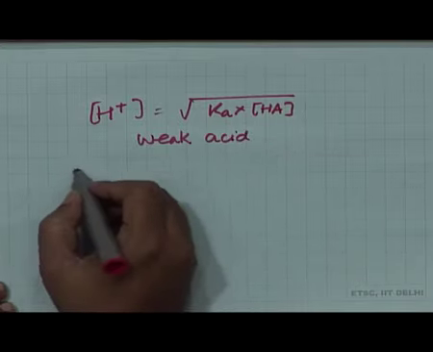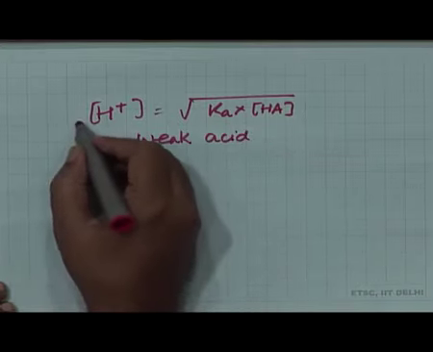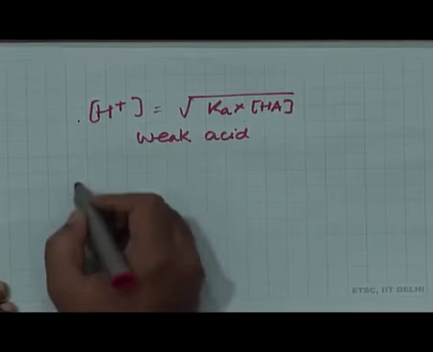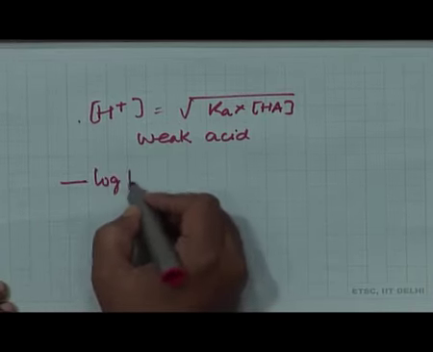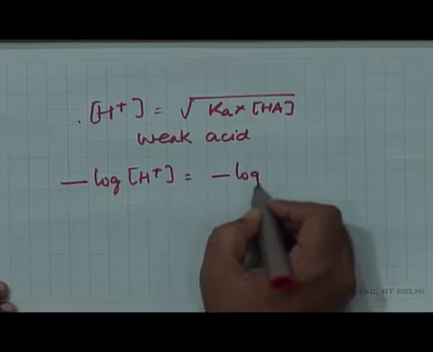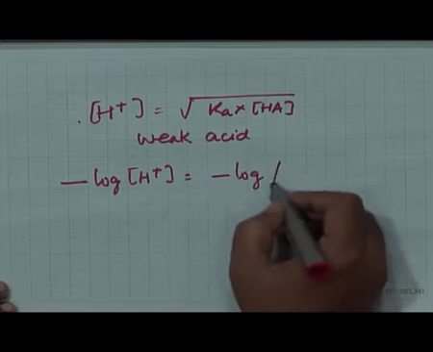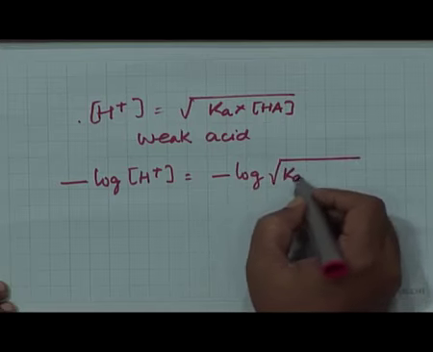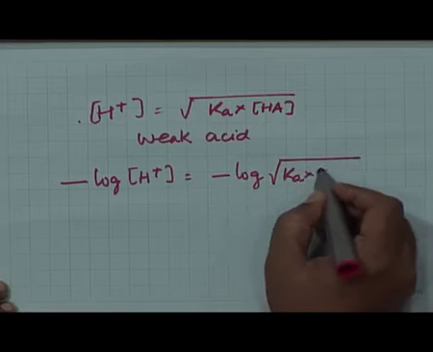If we want to calculate pH, we can simply put minus log H plus, and in place of H plus, you can just put the square root of Ka into HA.